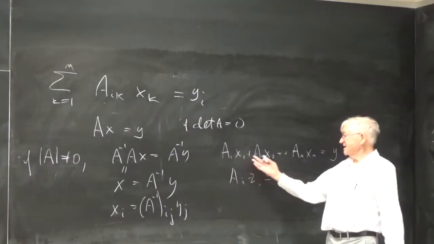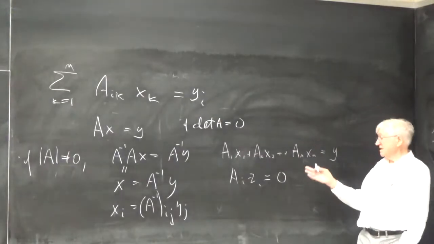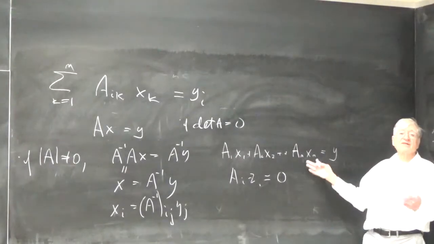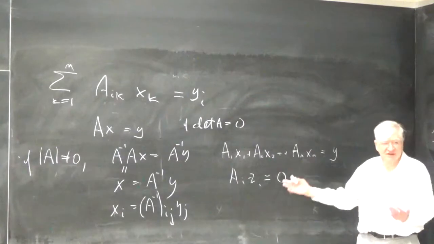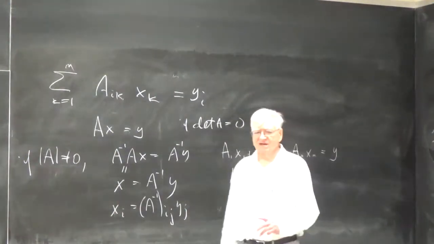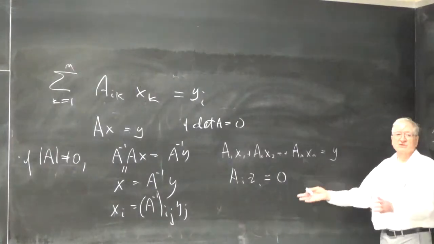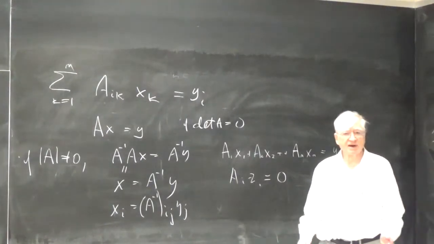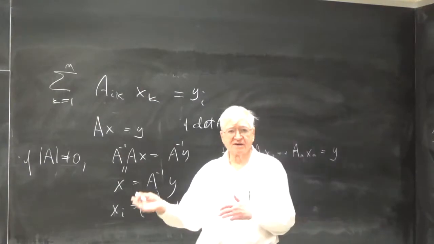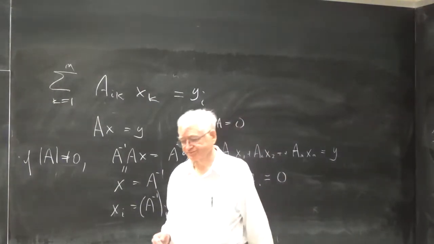So you add z to the x's, it doesn't change the left-hand side, so you have another solution. You have infinitely many solutions. So basically, when the determinant of A vanishes, you either have no solutions or infinitely many of them, depending on whether the vector happens to lie in the subspace spanned by the columns.